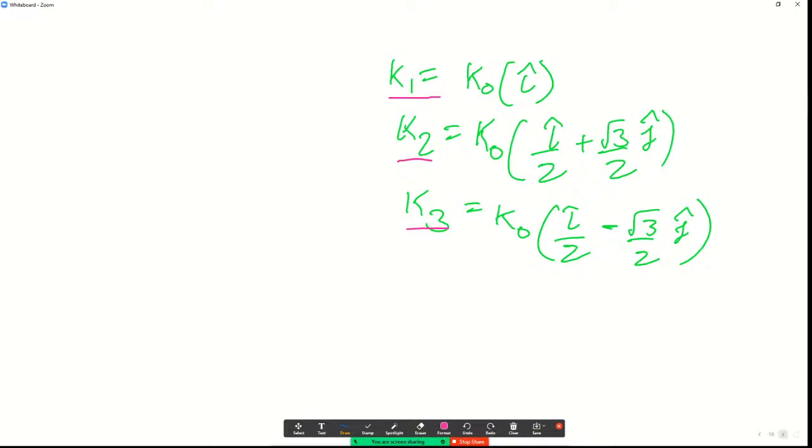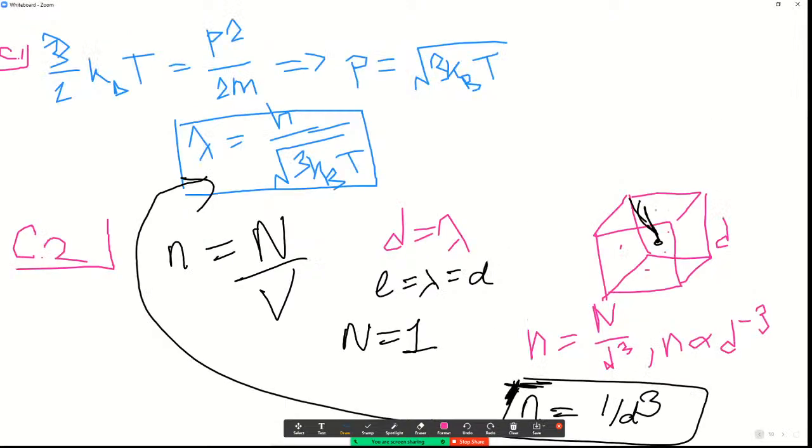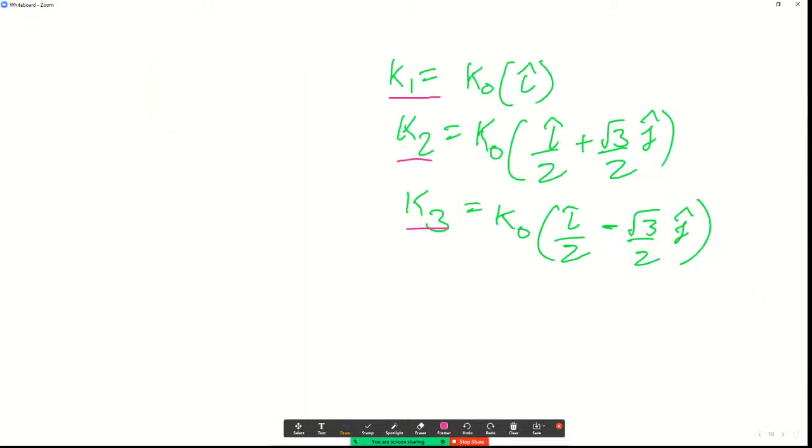Anyway, I can go back to that slide. Let me take a picture. Also, they have told us that it is a regular hexagon. So I guess we can assume K naught to be the same for all three. And if this is the case, then it would be much easier to do that.